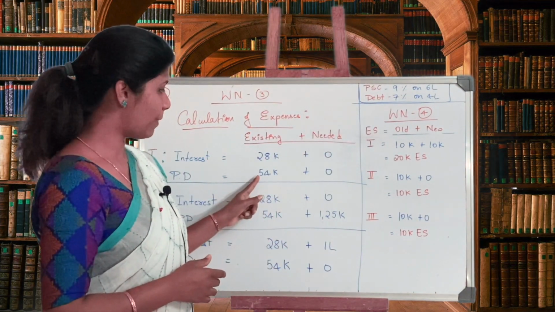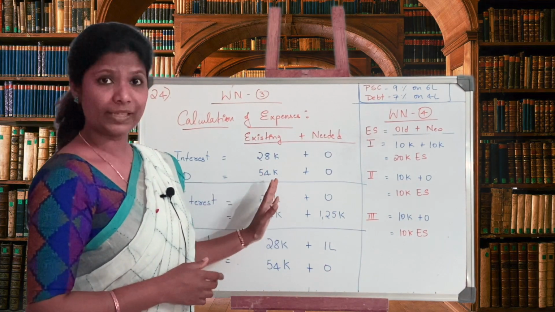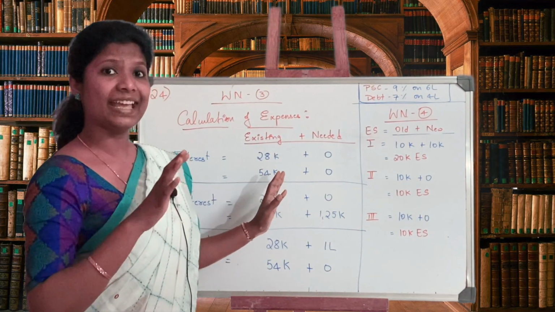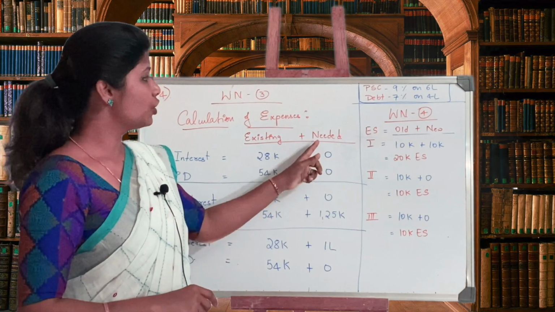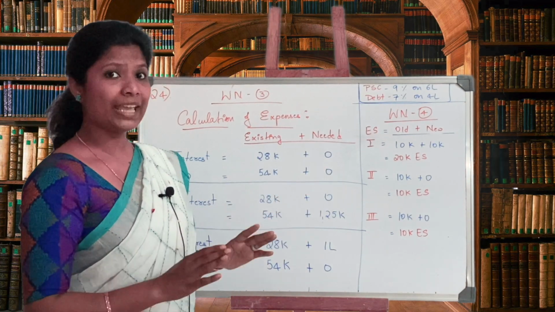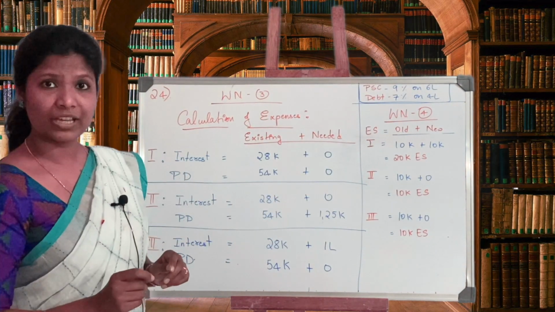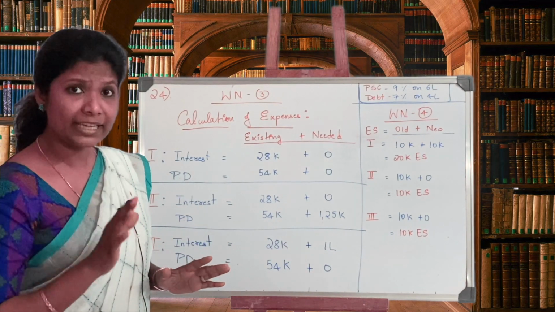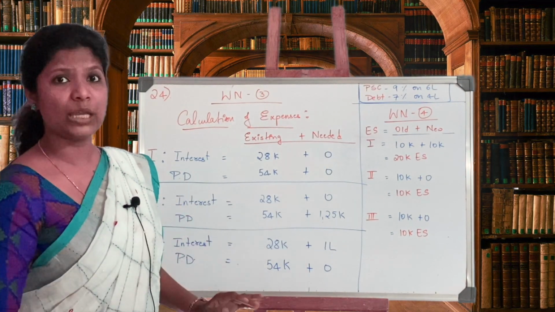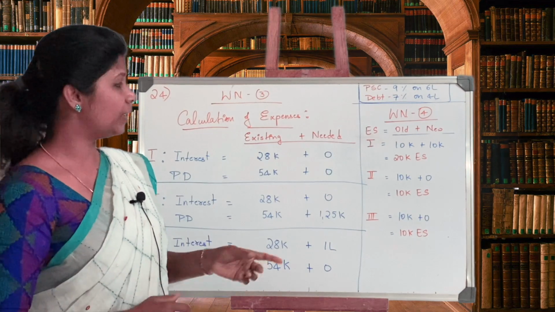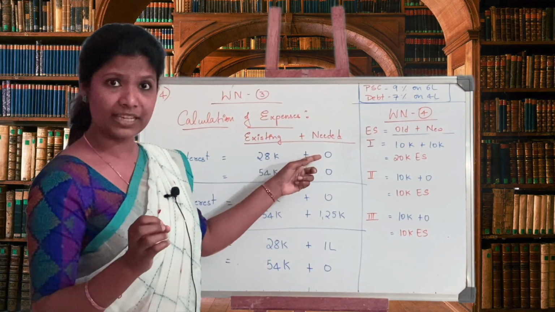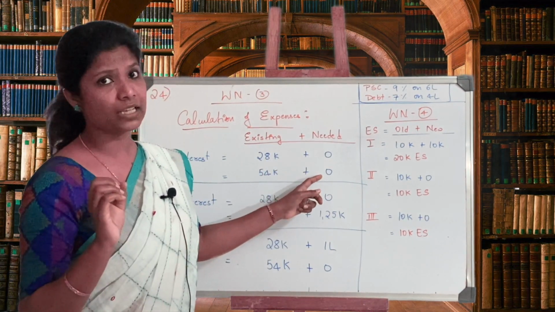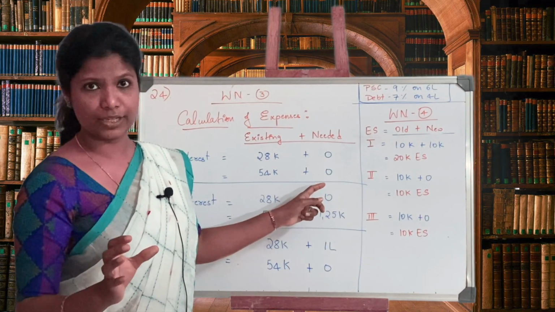So that will amount to 54,000 rupees of preference dividend in the existing capital. So under the needed capital, do we have under plan 1 preference share capital? No, it's completely equity. Plan 1 is completely equity. Therefore, apart from equity, you don't have debenture expense, 0, you don't have preference dividend expense, 0.